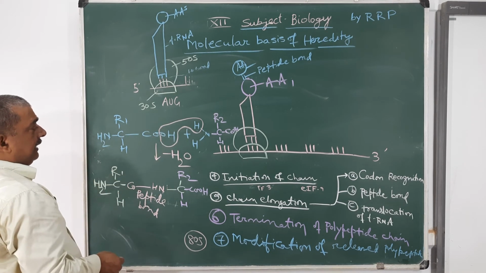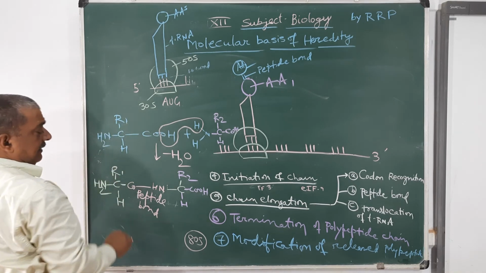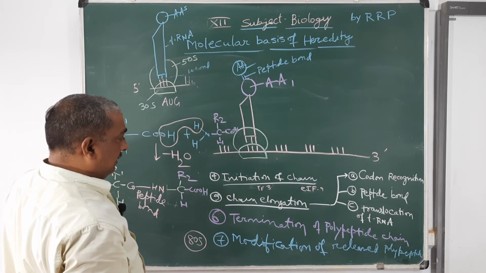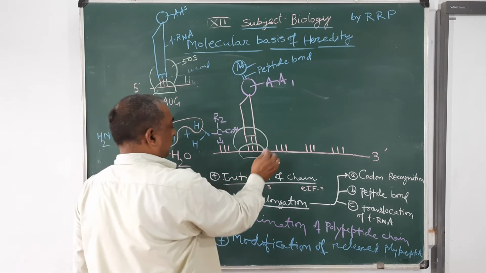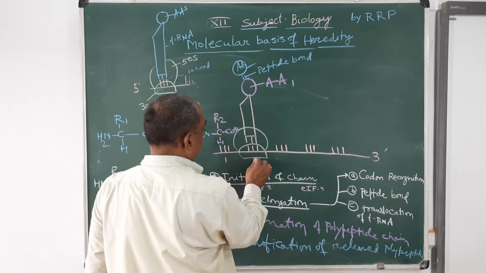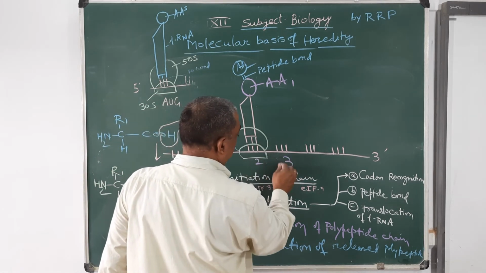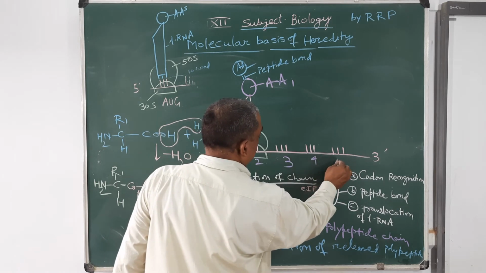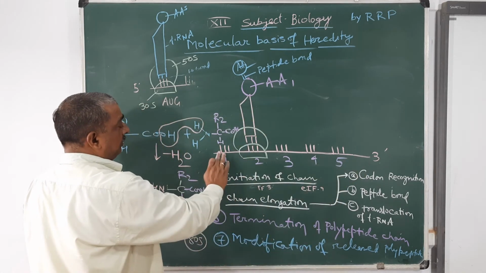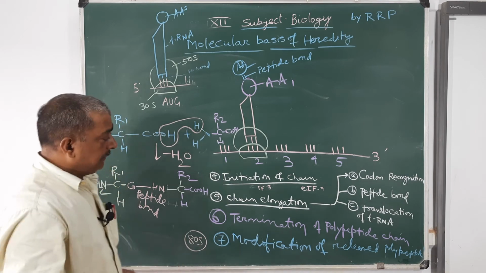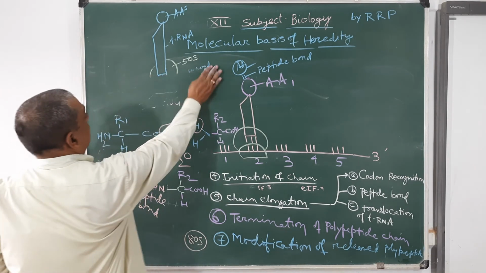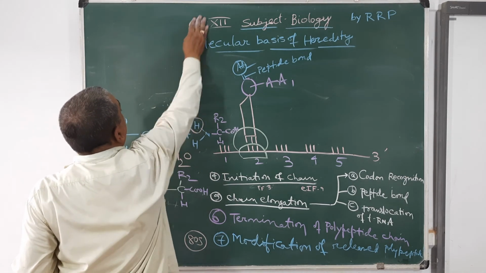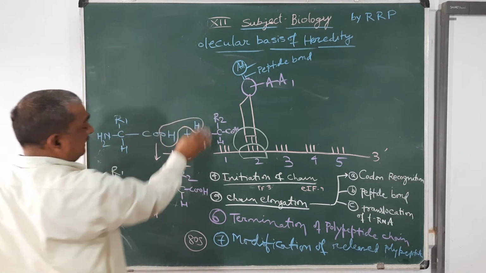That is why it is called a polypeptide chain. The ribosome moves from the first codon to the third codon, fourth codon, fifth codon, and a polypeptide chain is formed.